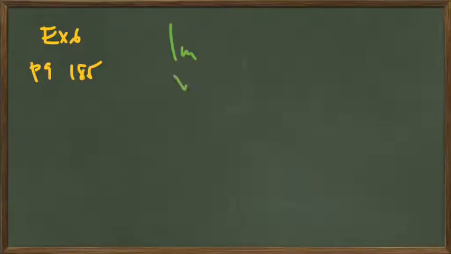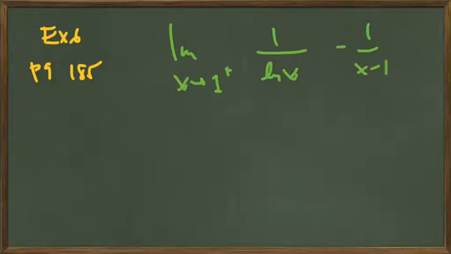Okay, and then one final example that is an infinity minus infinity type problem. So this is example 6 on page 185. The limit as x goes to 1 from the right of 1 over ln x minus 1 over x minus 1.